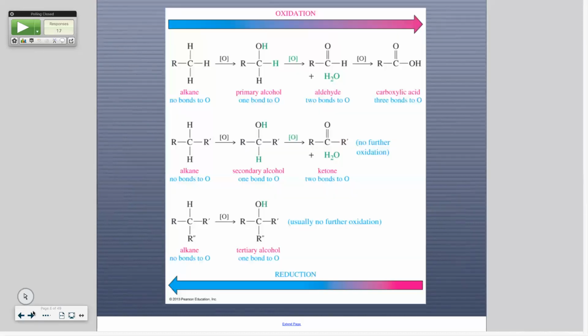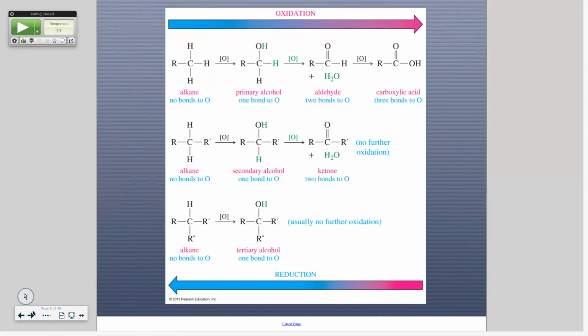So here is an alkane. An alkane has no bonds to an oxygen. If you convert it to a primary alcohol, no matter how you do it, you get one bond to an O, so you get oxidation. If you lose the two green hydrogens, you get an aldehyde, so we oxidize it further.